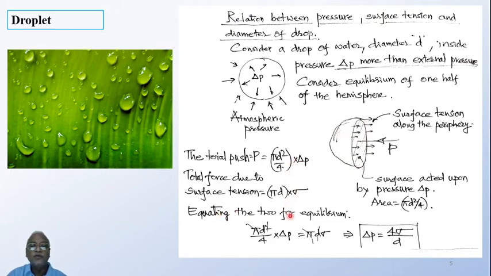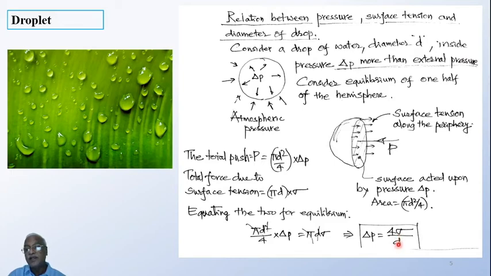So equating the two for equilibrium, pi d squared by 4 into delta P should be equal to pi d into sigma. From this, we can see that delta P is equal to 4 sigma divided by d, indicating that the extra pressure inside will be equal to 4 times the surface tension divided by d. One can analyze here the diameter of the bubble.